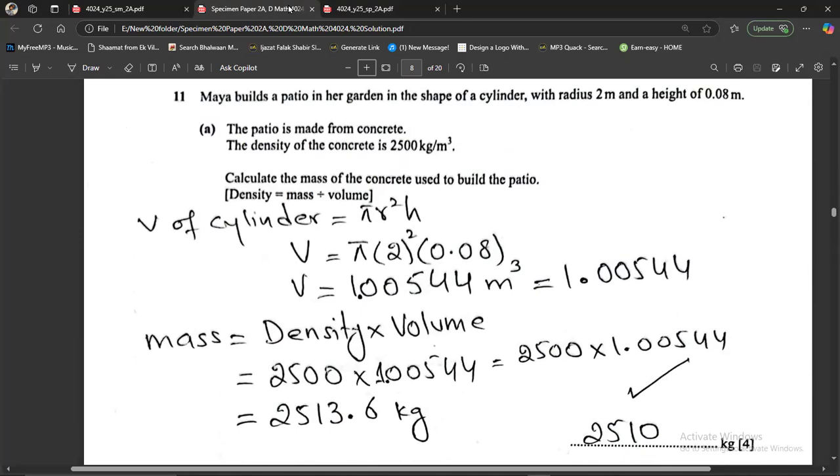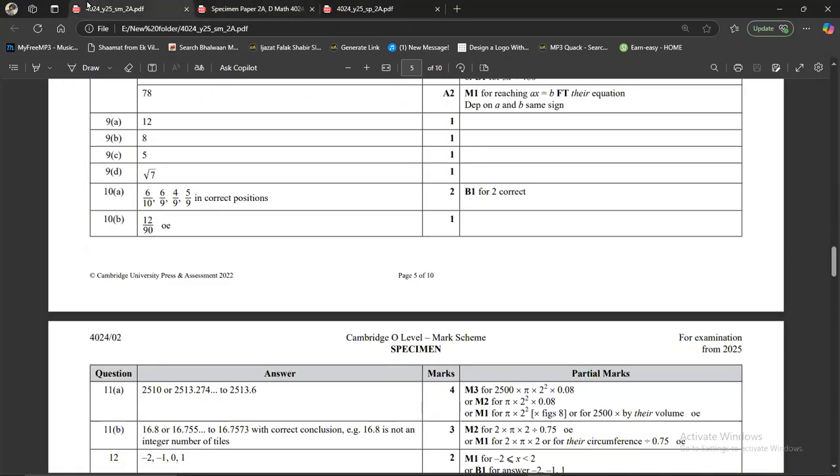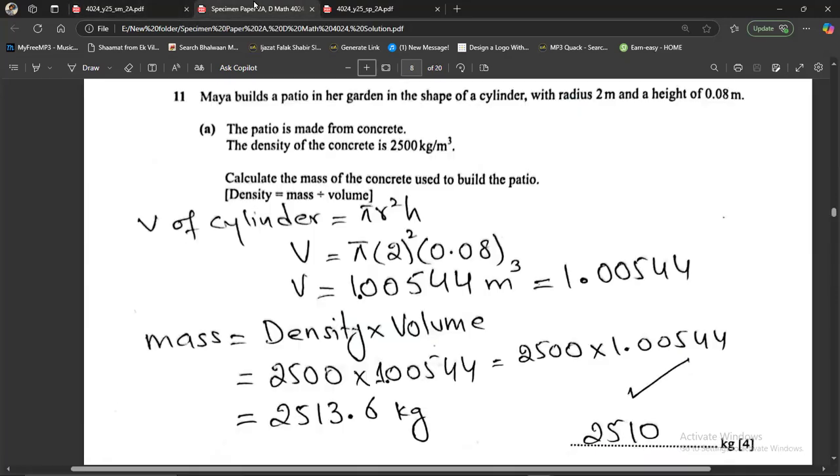So the answer will be 2513.6 kg. When I rounded it off to three significant figures, it will be 2510 kg, after rounding to three significant figures.